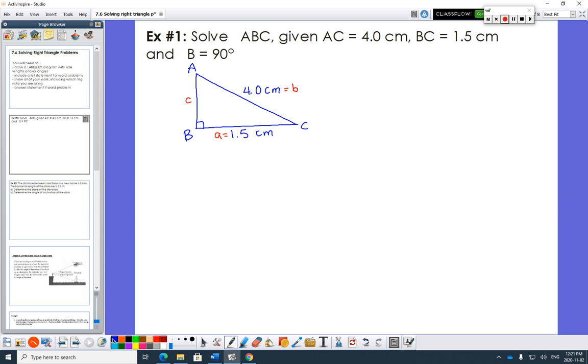So I'm going to stick with grade 10 concepts. I'm not going to use Pythagorean theorem, okay? But you can. But let's use the ratios we learned this morning, okay?